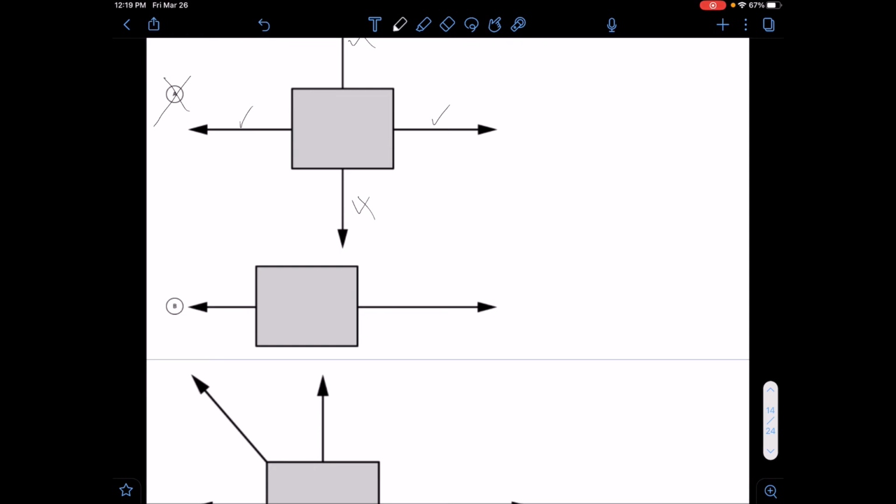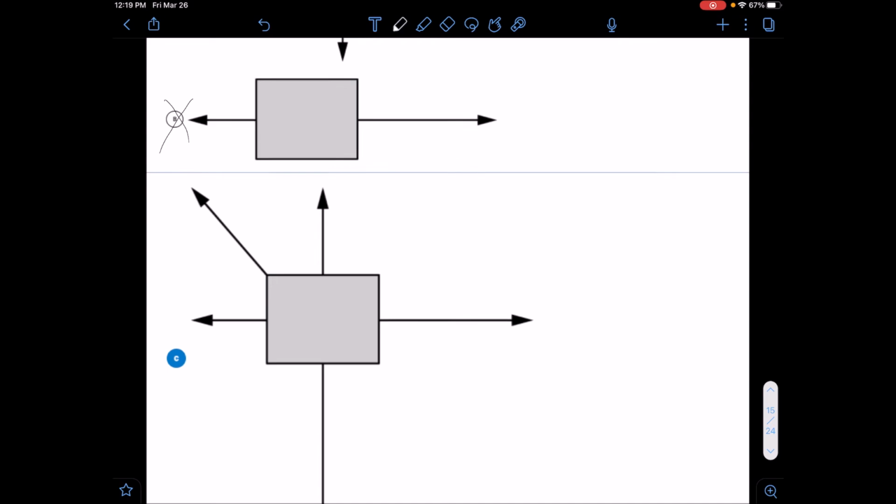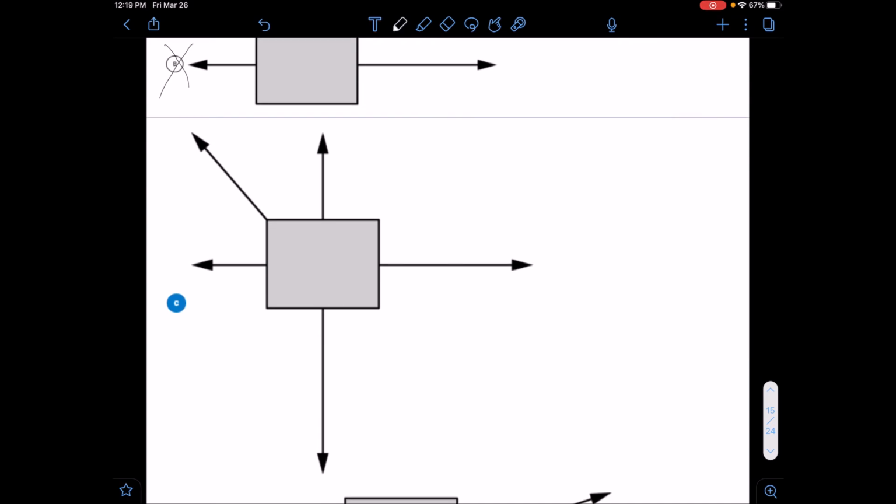For this one, their horizontal components are not equal, so we can cross that out. For this one, okay. So the first thing we want to do is note that the sum of these two forces is equal to this one plus the force that's already pre-existingly there.